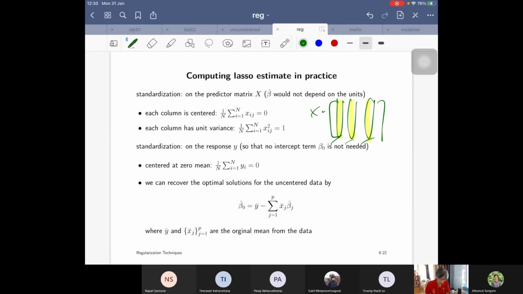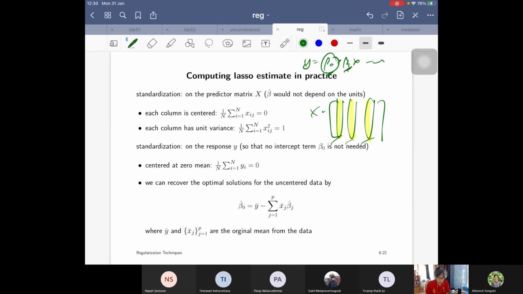Because in the original form of the regression, it has an intercept term, but in the Lasso formulation, we don't penalize the intercept term.